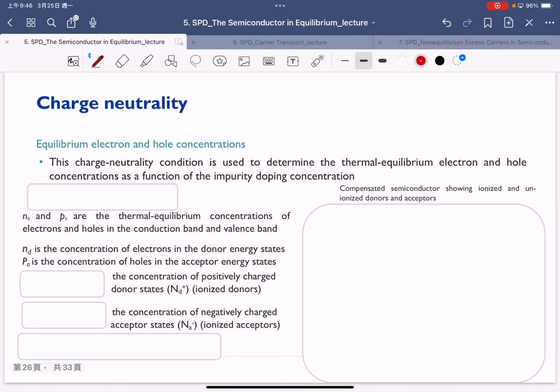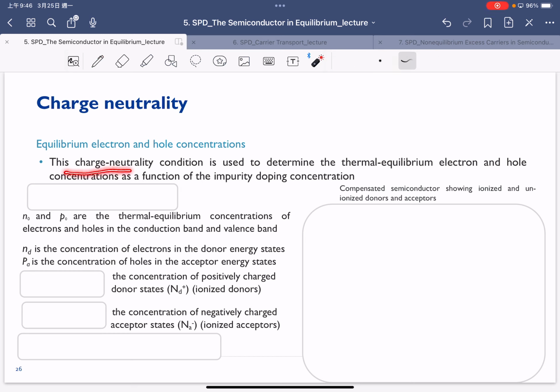Okay, we still have to consider the charge neutrality here, so we can use the charge neutrality to give us more calculations.